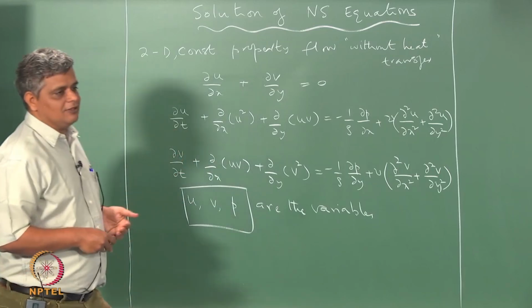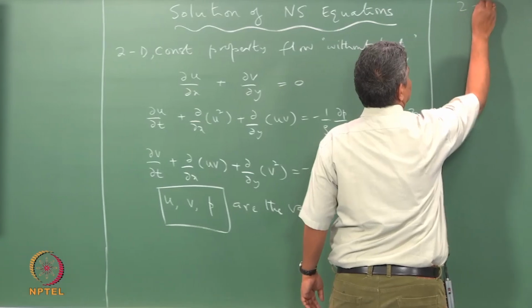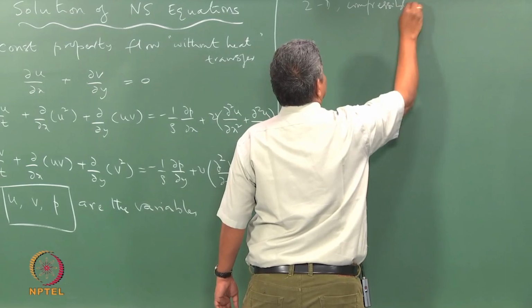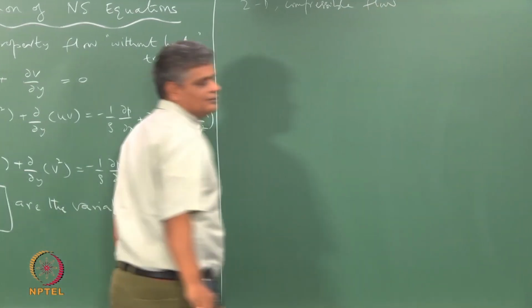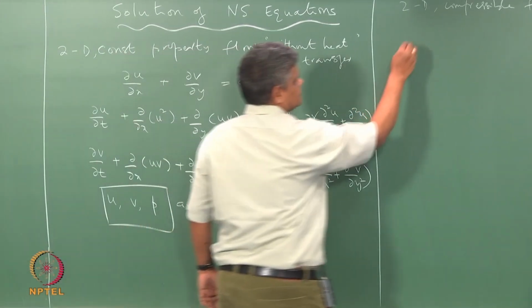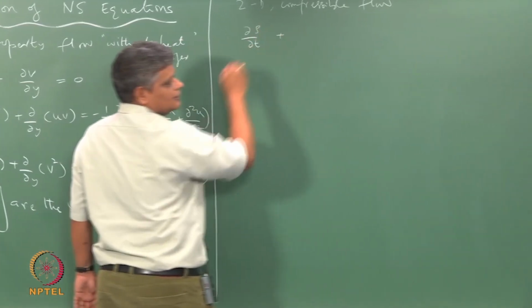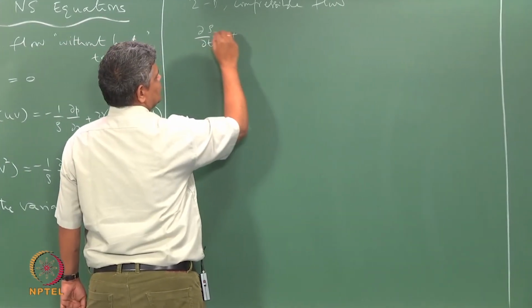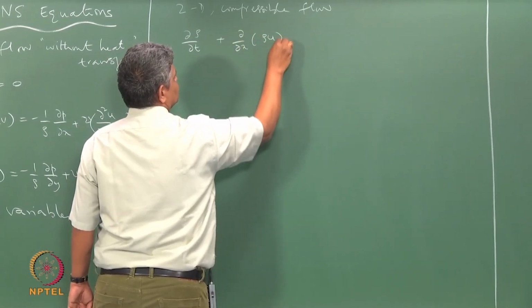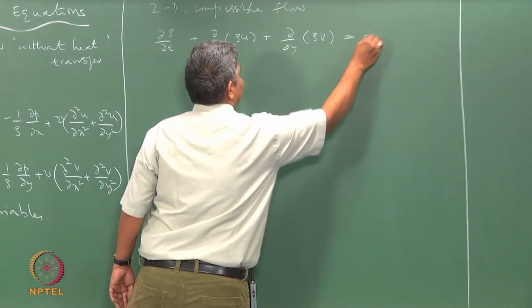So, you have compressible effects that come into the picture. So, in the 2D compressible flow case, we can similarly write down the governing equations as now density changes, and we can put this as del rho by del t plus dou by dou x of rho u plus dou by dou y of rho v equal to 0.